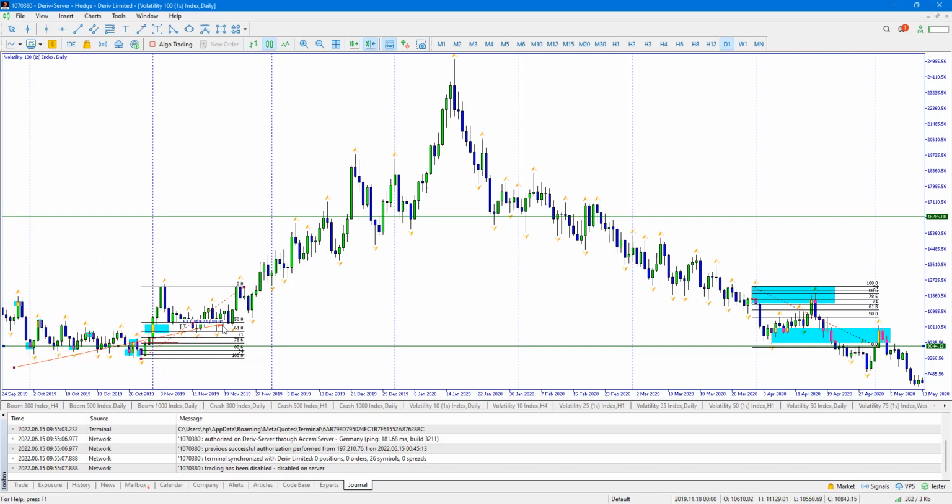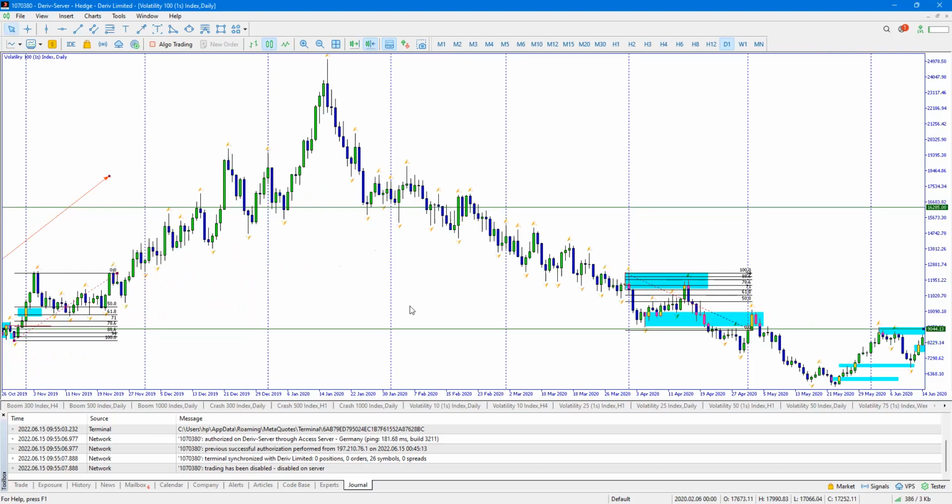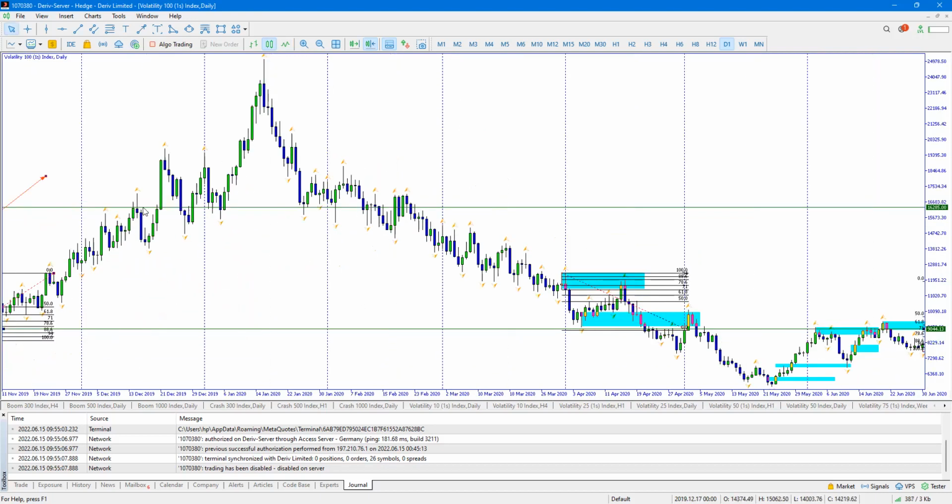Price came back to this and started seeing bullish momentum. And what happened here? Price created high, low, high, low, high, low, high. So this happens to be the last structural point as far as we're concerned.